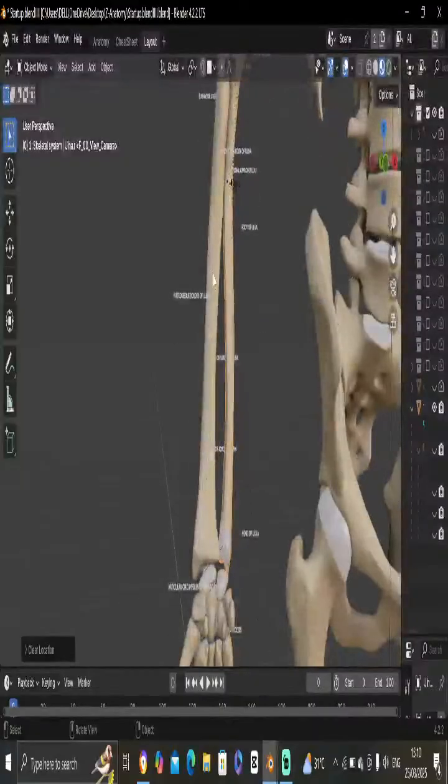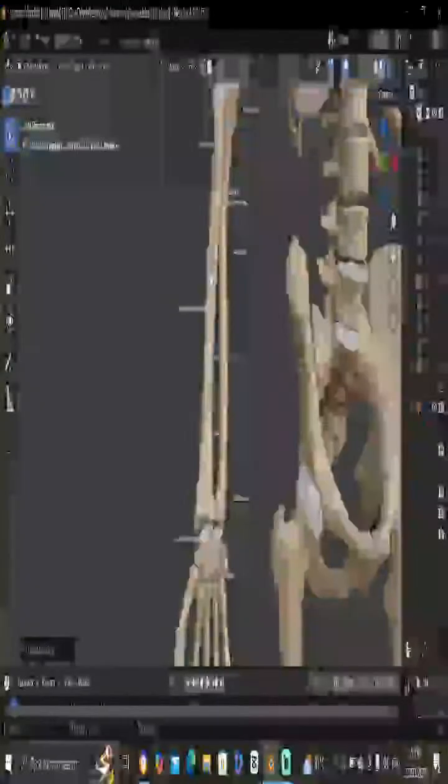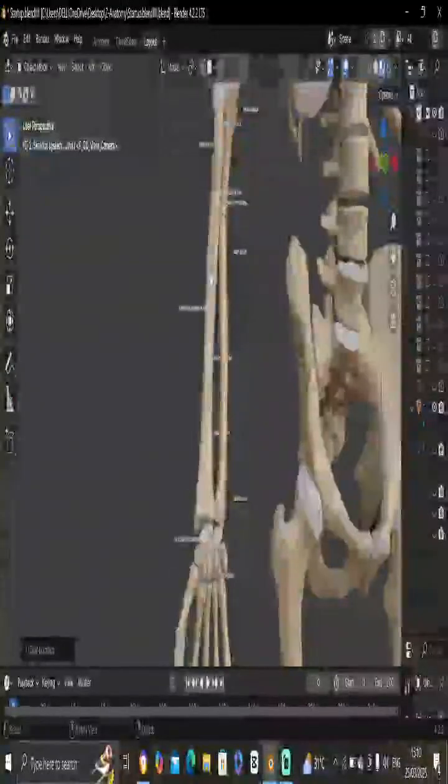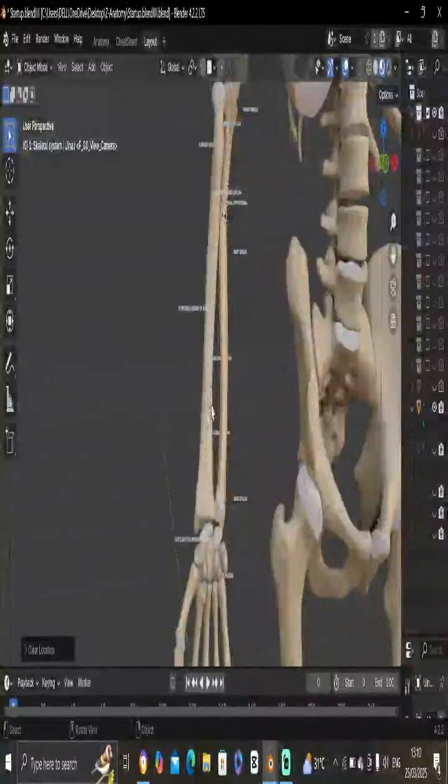Most bones, just as we mentioned for the clavicle, you can roughly divide into thirds. So we have the proximal third, middle third, and distal third of the radius.